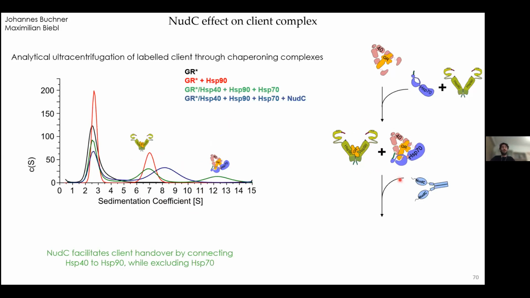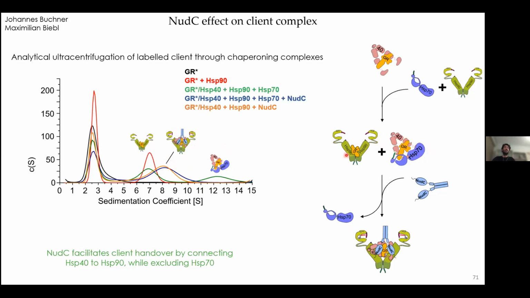And when we add Nazi to this mixture, what we observe is a single peak, a single species that is smaller than the Hsp70 complex. And if we characterize this complex, it fits exactly what we expect for a complex that involves Hsp90, Nazi, Hsp40, and the client. So to summarize, when we start with our mixture of clients bound to Hsp70 or to Hsp90, and Nazi comes in, we see a similar effect as I presented earlier.